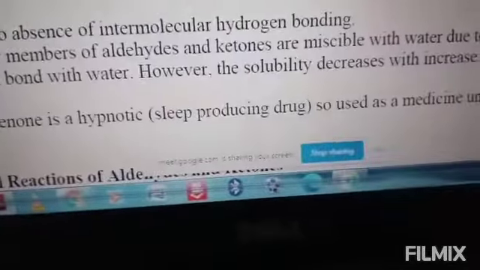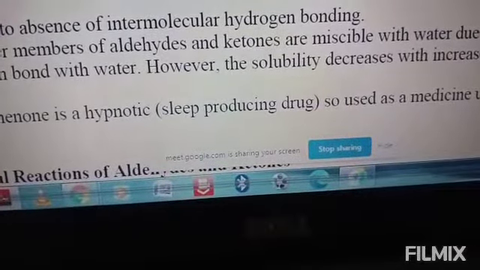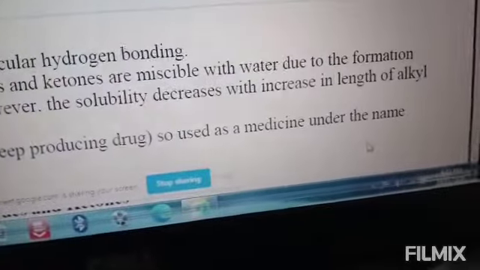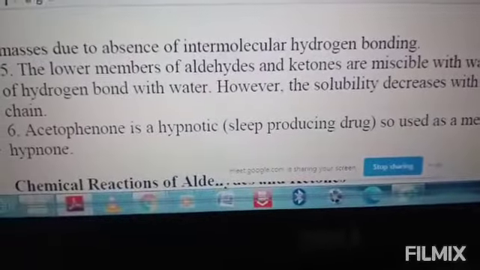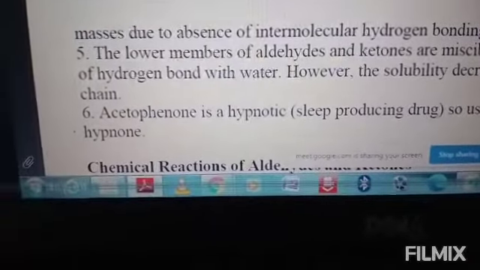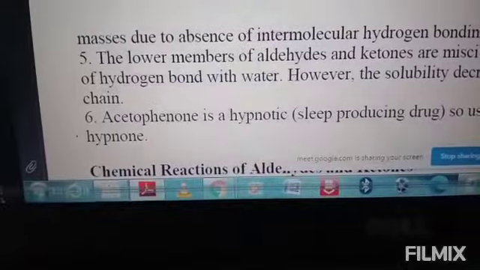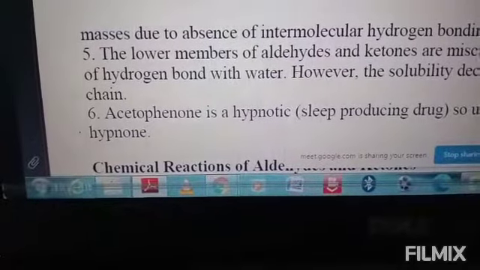However, solubility decreases with increase of the alkyl chain. That means if you increase the alkyl group, if you go to the higher members, the solubility gradually decreases. This is because alkyl groups are hydrophobic in nature.